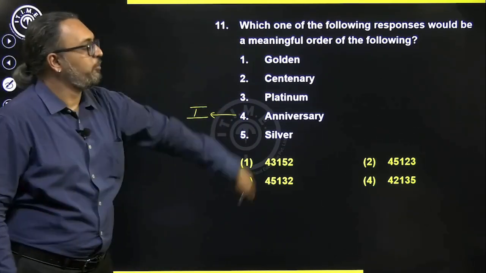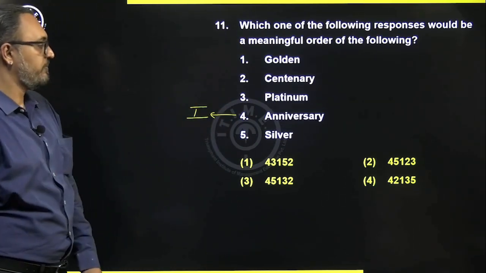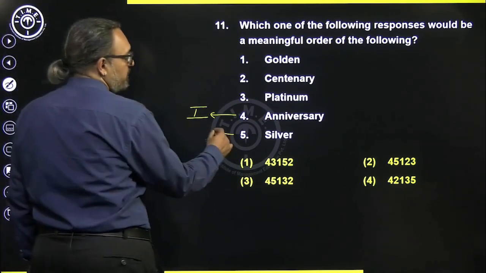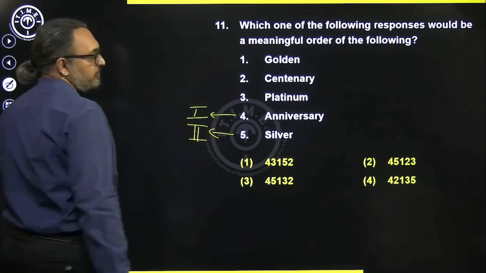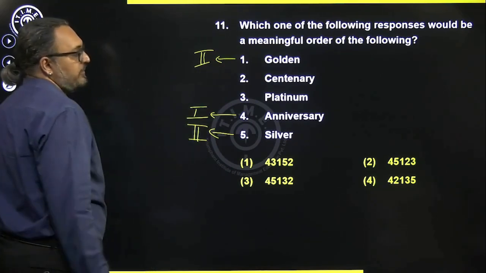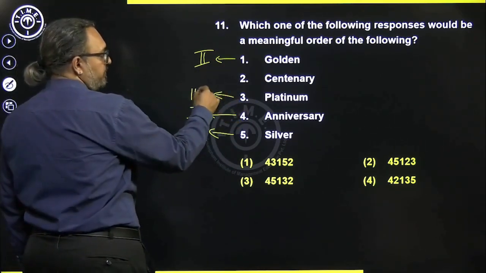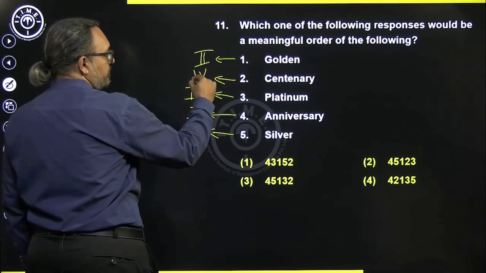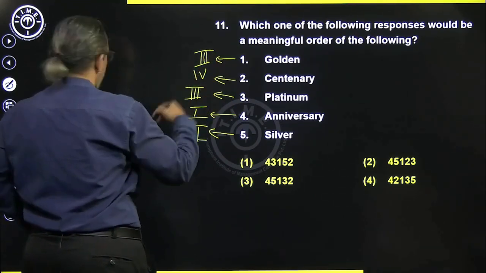And then you have what type of anniversaries are available. First should be silver, next should be golden, then platinum, and then centenary. Sorry, 3.